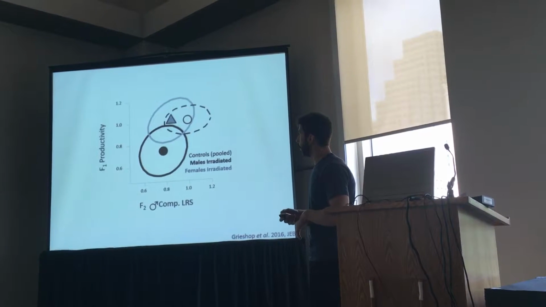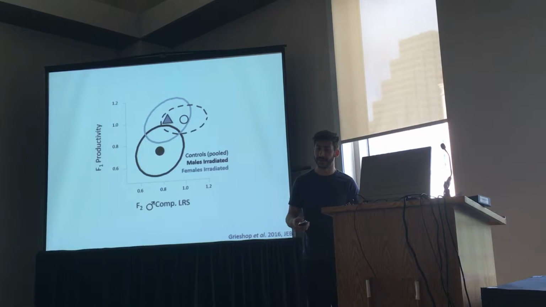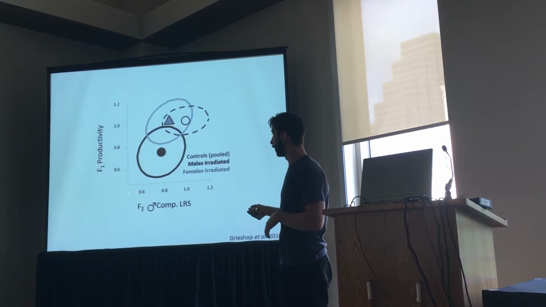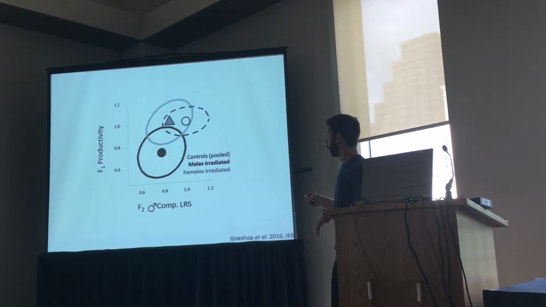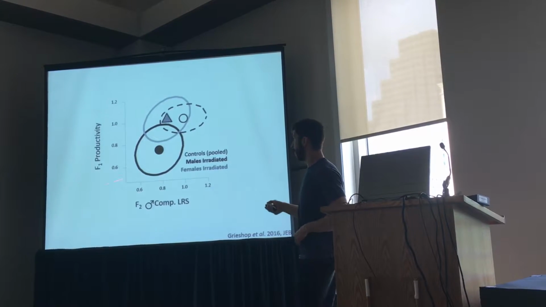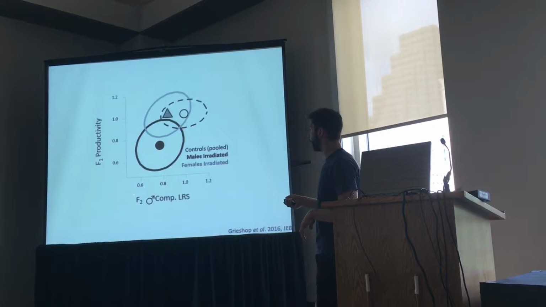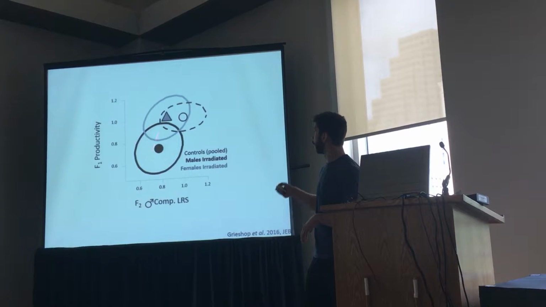And so then, does this mutation load that was selected against in males have detriments to population productivity? And we find yes: whether they were induced in grandfathers or in grandmothers, there's a positive correlation between our F1 productivity estimates and our male competitive lifetime reproductive success in the F2 generation.